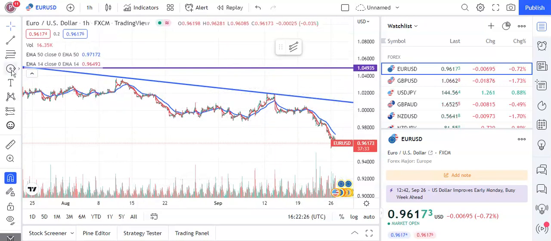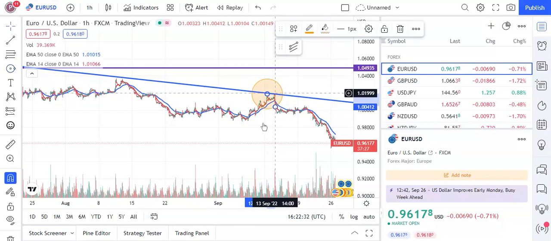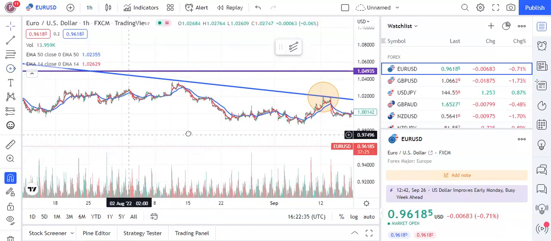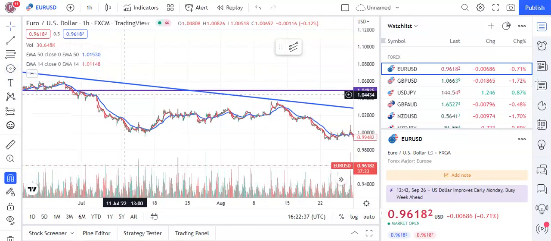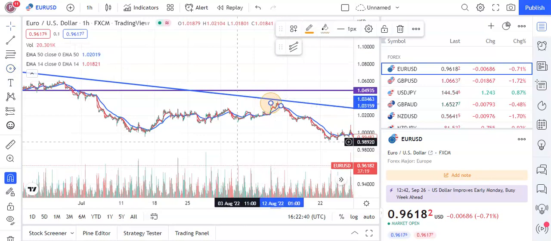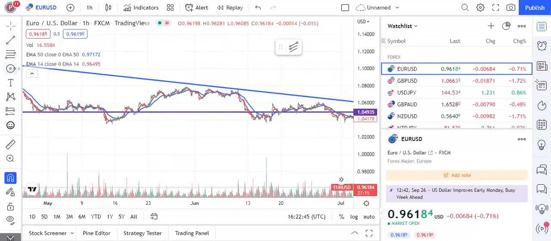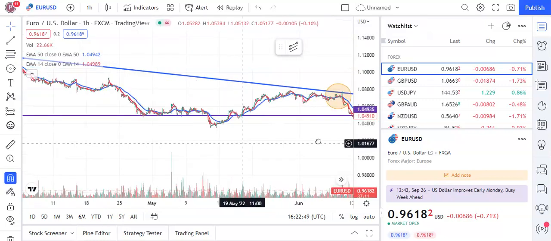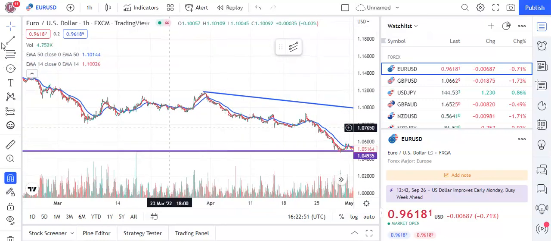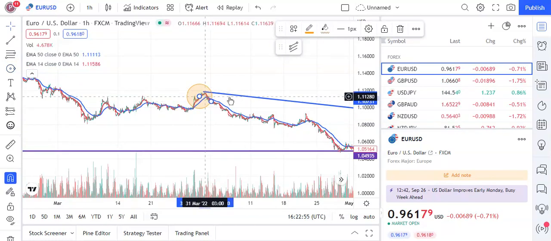Let me use the circle to identify it. This is the point that the price touches the trend line. Another point where price touches the trend line. Another point where price touches the trend line. And here is a point where price touches the trend line.